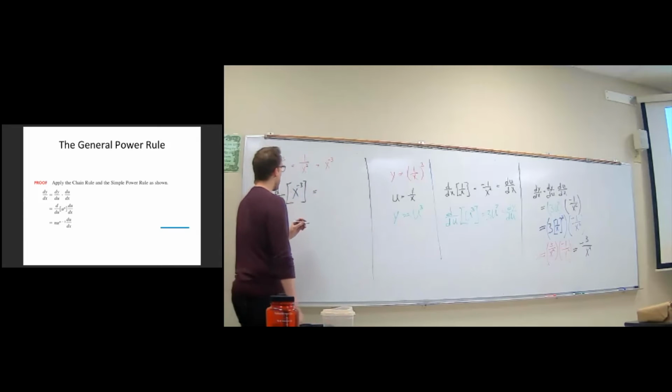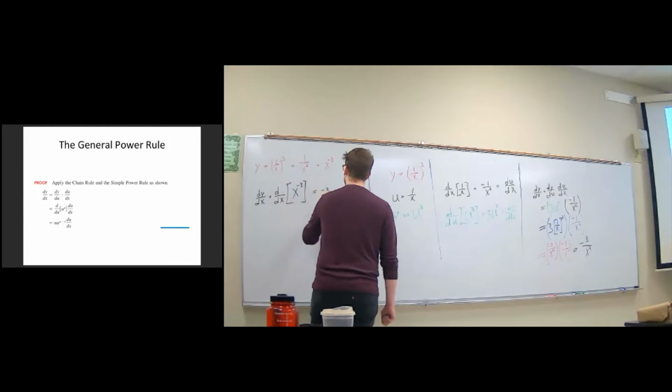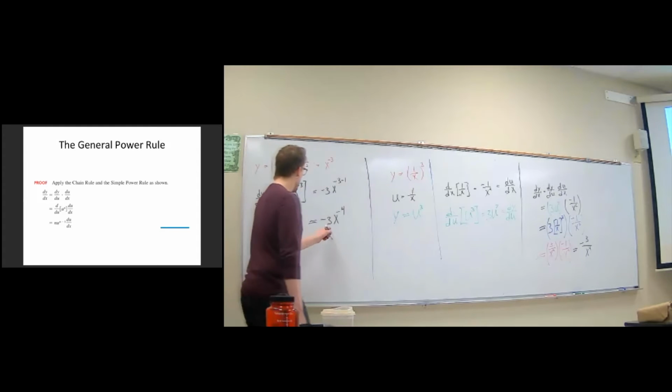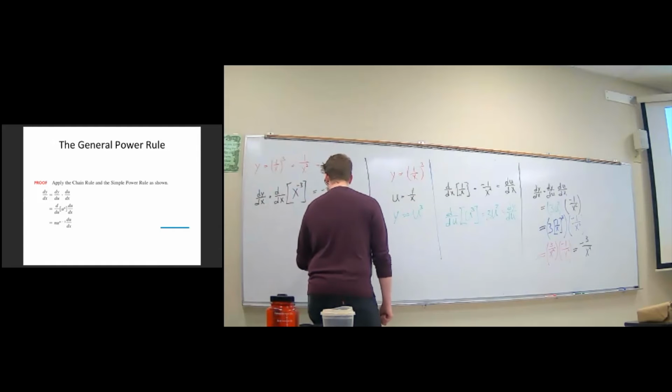We're going to bring that power down, negative 3, x to the negative 3 minus 1, or negative 3, x to the negative fourth, right? Which is going to come out to be negative 3 over x to the fourth.